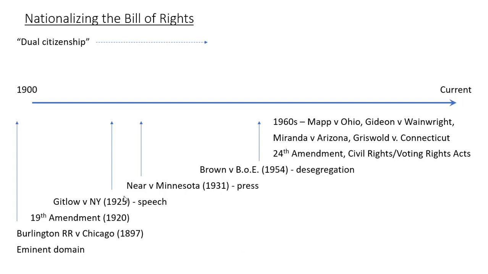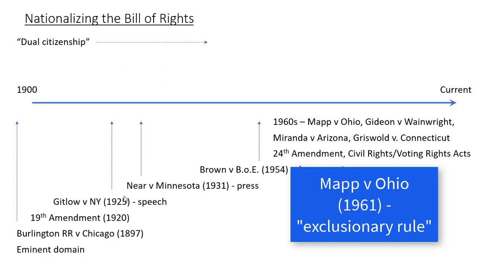They ruled against Ohio and effectively said to all states, you have to have a proper search warrant. That ruling resulted in what is called the exclusionary rule: evidence not obtained properly could be excluded from court.